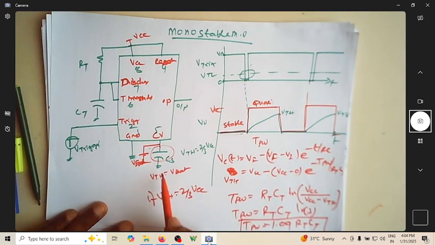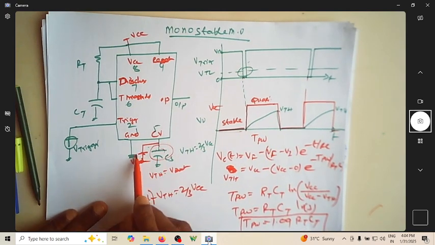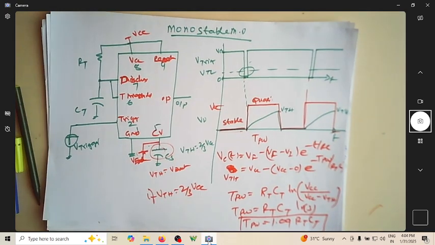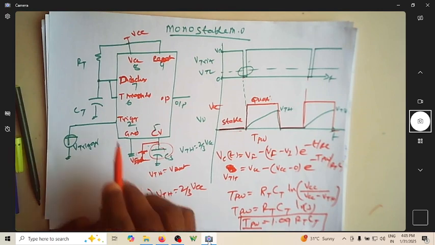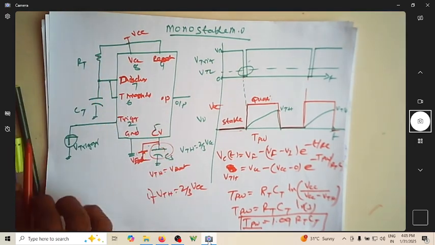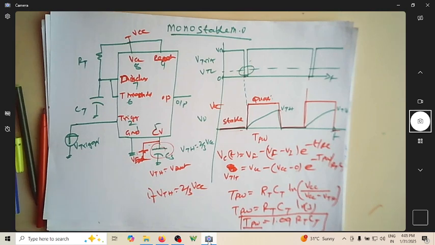VTH can be 2/3 VCC, or VTH can be the control voltage which is externally supplied. The expression for the pulse width is 1.1 RT CT, so this is close to 1.1, where this is RT, this is CT. Hope this will help you in realizing the pulse width of the desired duration. Thank you.